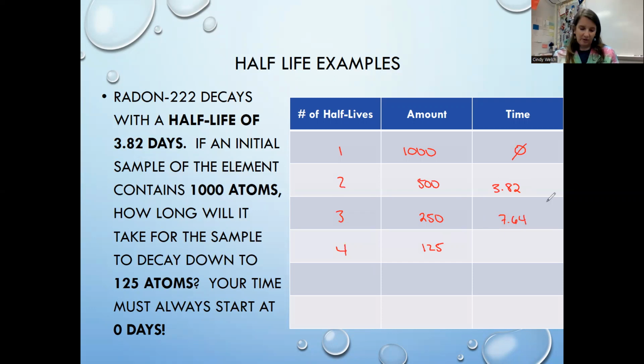And then I'm going to add 3.82 days to that, and I'm going to get 11.46. So each half-life is represented by 3.82 days, which is why I've added 3.82 days every time I had a half-life.